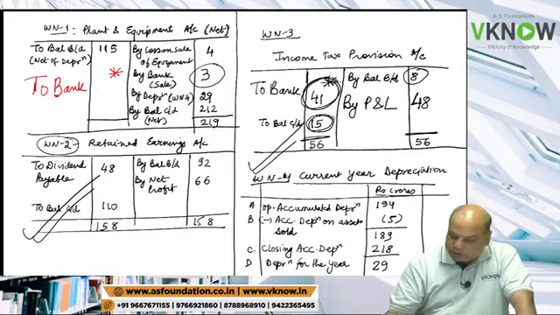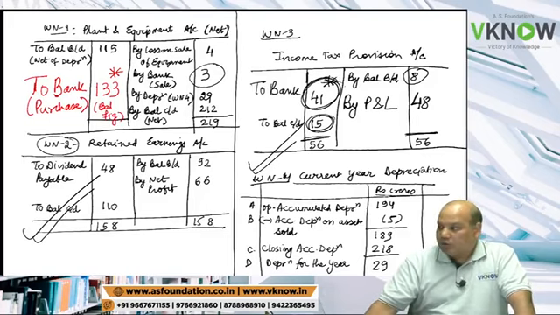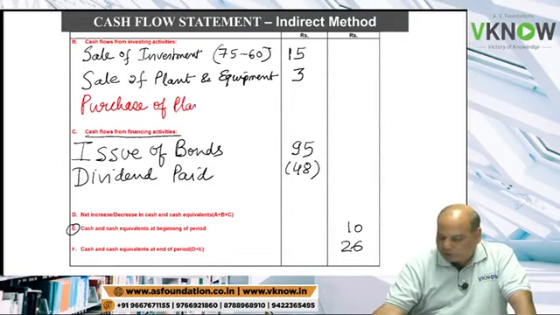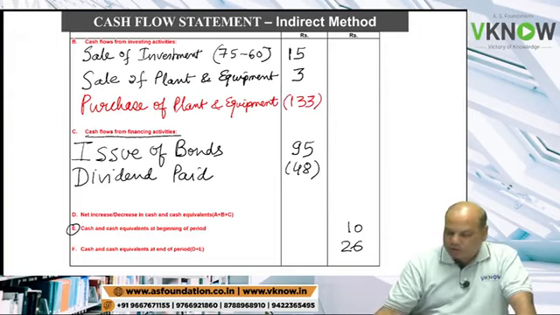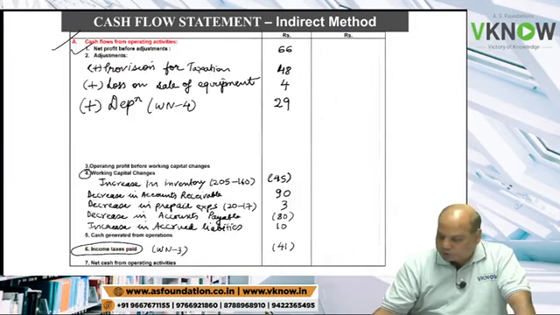I am getting 133, and that represents purchase. 133 purchase you will write in investing activity: purchase of plant and equipment, 133 in bracket. All adjustments are over. All working notes are closed. So now we can close our answer.